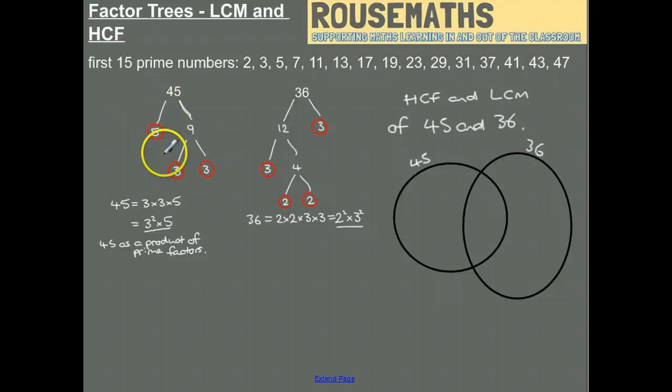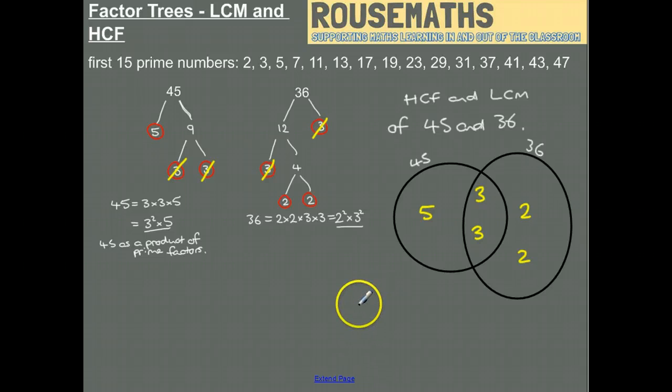There's only 2's in this one, there's only 5's in this one. So we're going to start with the ones that appear in both. So there's at least one 3 in both, so I'll put that in the middle. There's also another 3 that appears in both, that goes in the middle. If there was another 3 in one of them, it wouldn't go in the middle. If there's another 3 in both of them, it would. So 36 has got a couple of 2's, and 45 has got a 5.